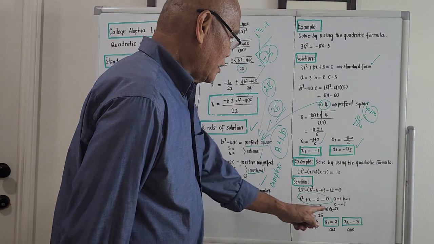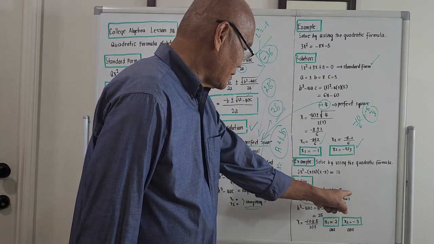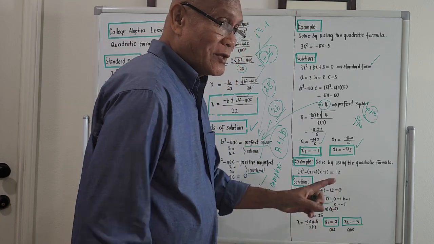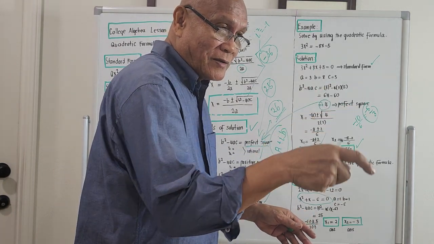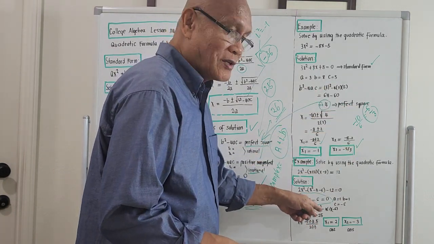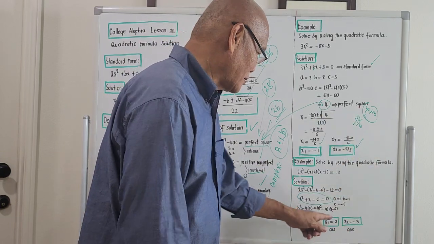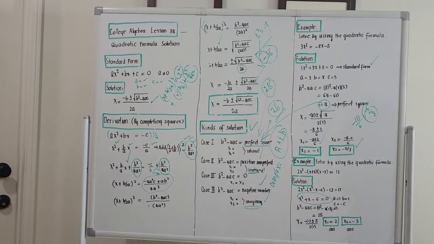Okay? The coefficient of the square term is 1, the value of b is 1, and the value of c should be negative 6, because under the standard form, that c is actually with the plus sign, right? And what comes out here is a negative, so meaning to say, the value of c is negative 6. Let's try to determine what type of discriminant or type of solution will come out over here.